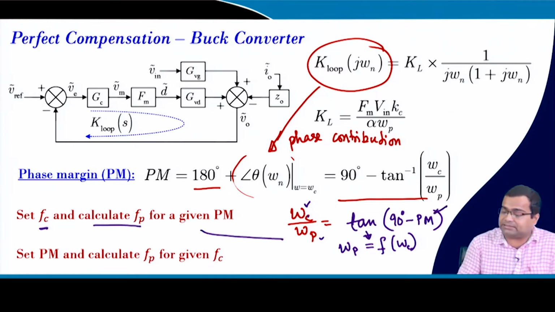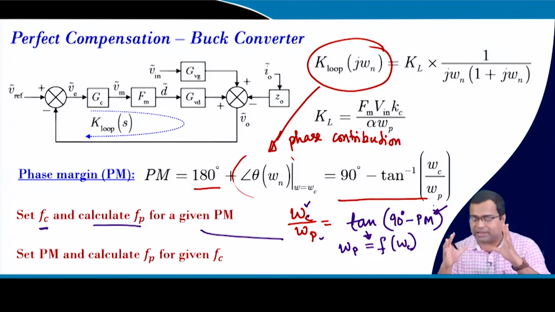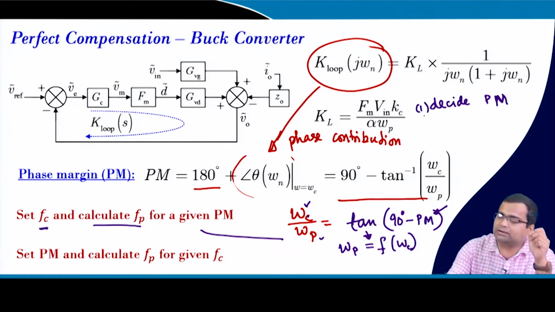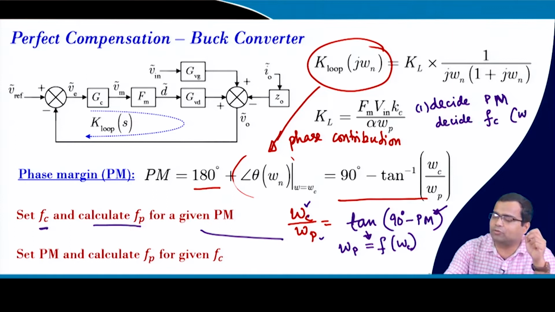Two things you have to keep in mind. First, decide your phase margin, PM. Then decide the gain crossover frequency, omega c, in radians per second.